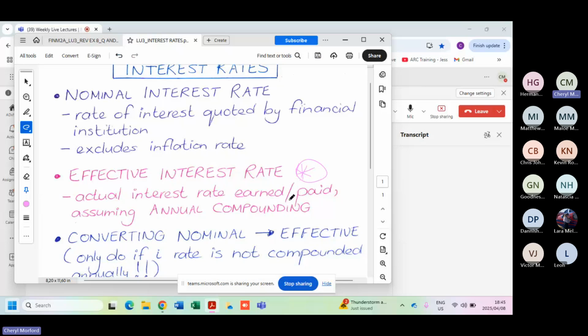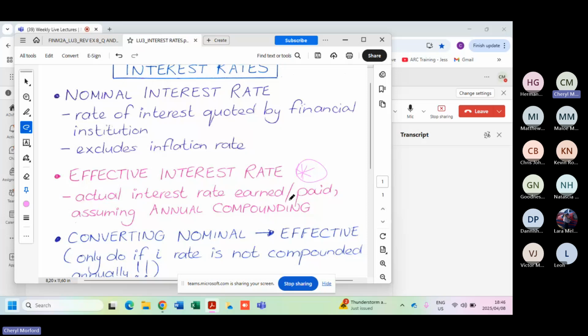Now, how do you know if something is an effective annual interest rate or not? I'm going to simply tell you. The question is going to say, there's this particular bank and it has an interest rate of some percentage, and then they say how it's compounded.